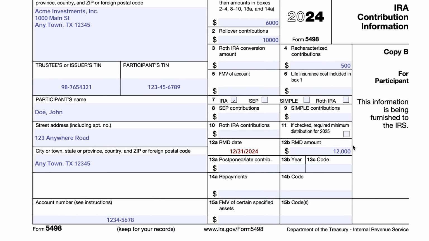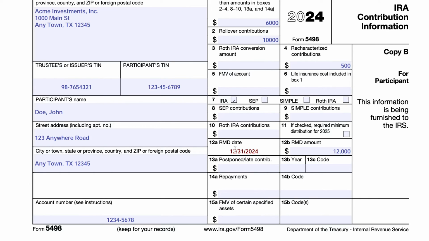Generally speaking, your financial institution is supposed to provide this amount, and if this box is blank, then they should send it to you in a separate statement no later than January 31st of the year in which you're supposed to take that RMD.